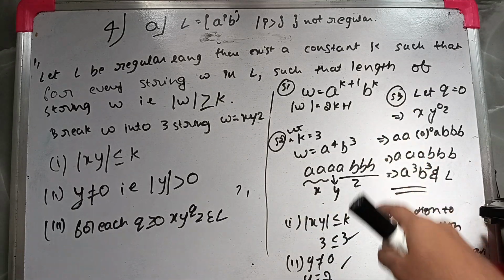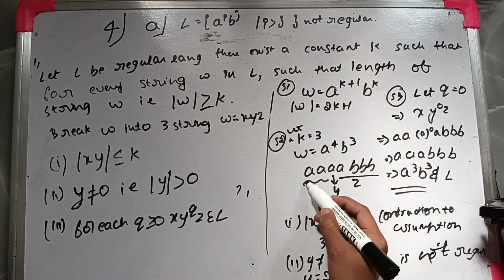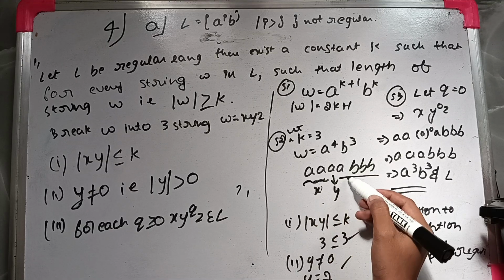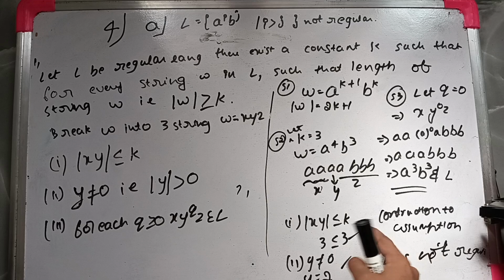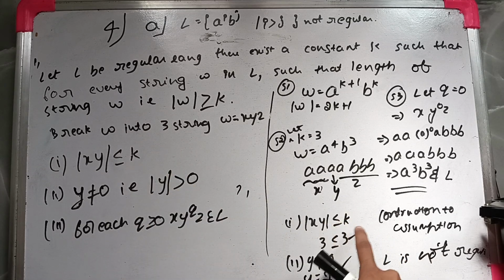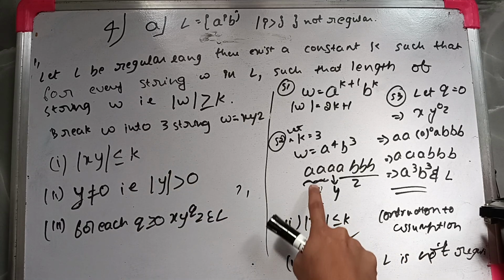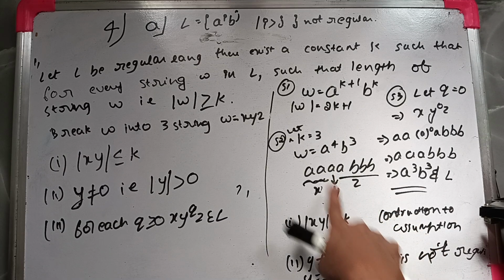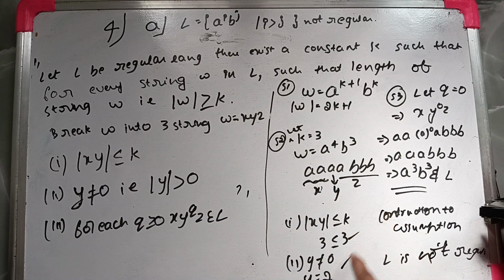You can break it anyhow, so I break this a as x, this is y, and the remaining is z. Check the condition: the length of xy is at most k, here x and y total is 3 and k is 3, so this condition is correct.